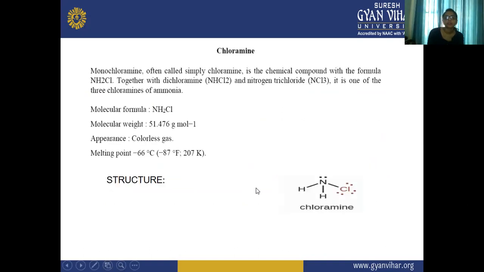So the next compound is chloramine. Monochloramine, often called simply chloramine, is a chemical compound with the molecular formula NH2Cl, together with dichloramine, where two chlorines are attached, and nitrogen trichloride, where three chlorines are attached to the nitrogen.